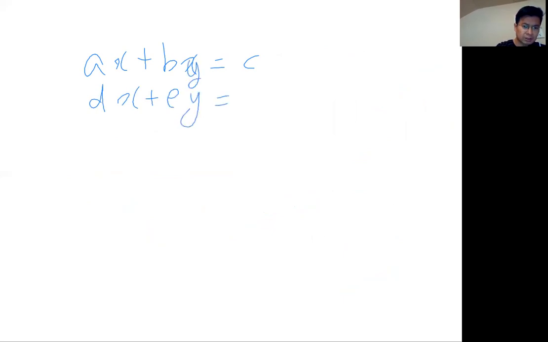Related to this question, one thing you need to remember is, let's assume two lines like this. The first condition, no real solutions, means two parallel lines.